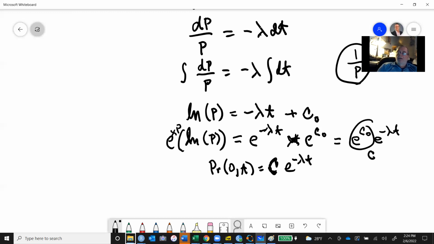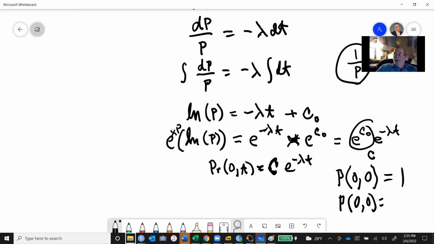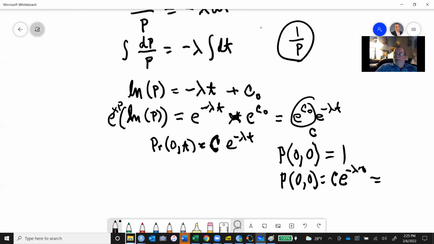And I skipped a couple of steps, but just not to worry. What is C? We're going to turn out that C is equal to 1. Why? Because the probability of nothing being there at time 0 is certain. Well, if that's the case, then the probability of 0, 0 equals C e to the minus lambda times 0 equals C. Well, C must be equal to 1.